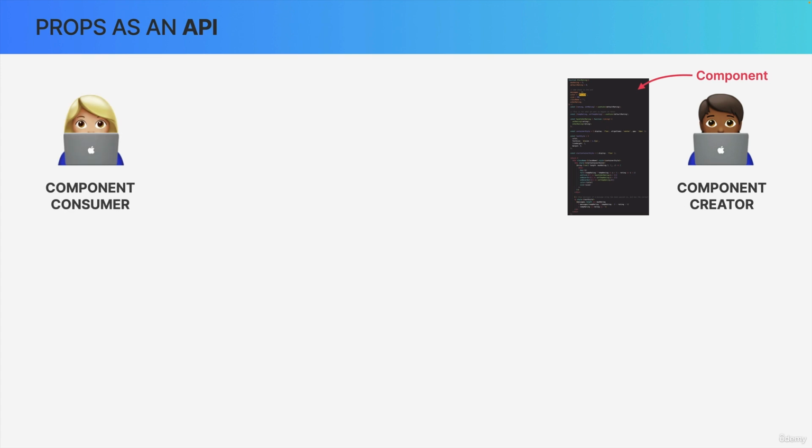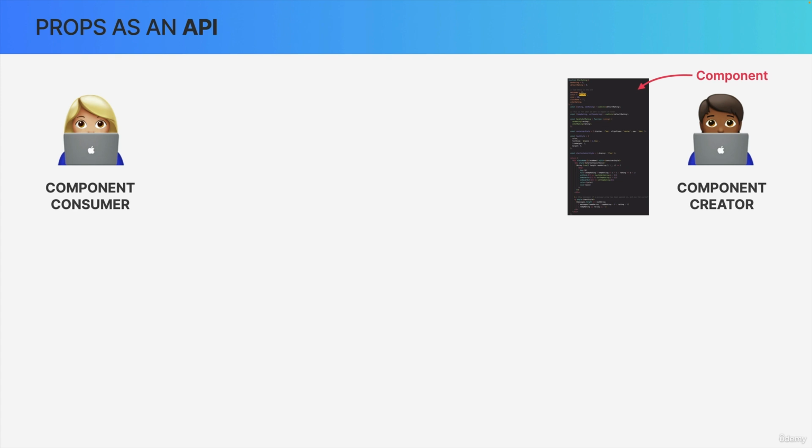Now, when you're working on your own, the component creator and consumer is of course the same person. But if you're on a team, those might very well be different developers. But in any case, it's always a good idea to think in terms of there being a creator and a consumer of a component. So different entities, even if it's just yourself.